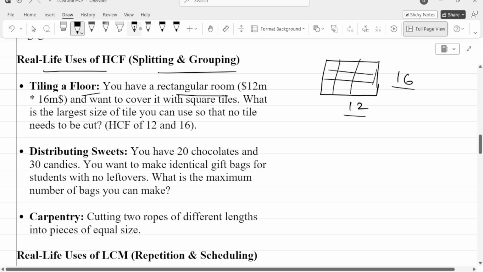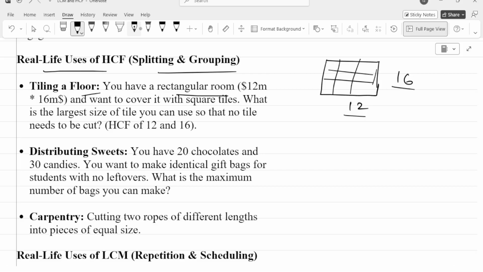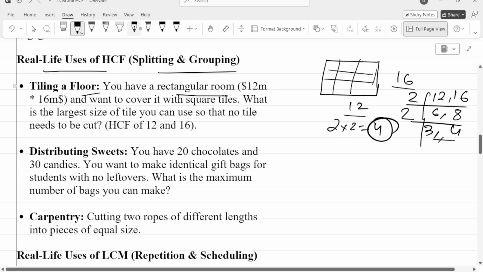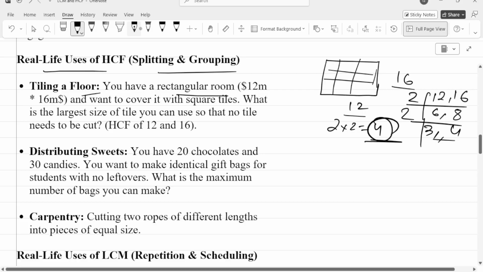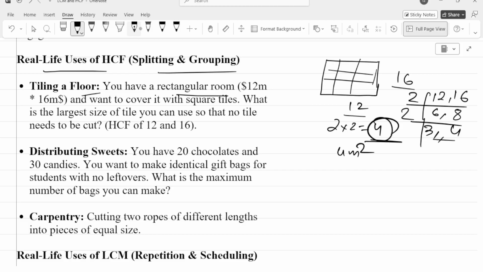Now we take HCF. 2 6 12 and 2 8 16, again 2 3 and 2 4, and these are different numbers, so we can't take the table again. So 2 into 2 is equal to 4. So the largest size of tile you can use is 4 meter by 4 meter square size.